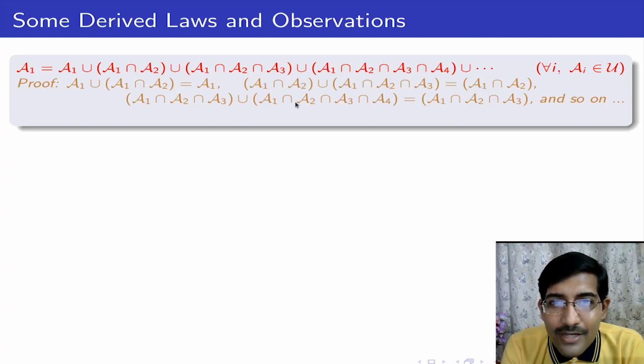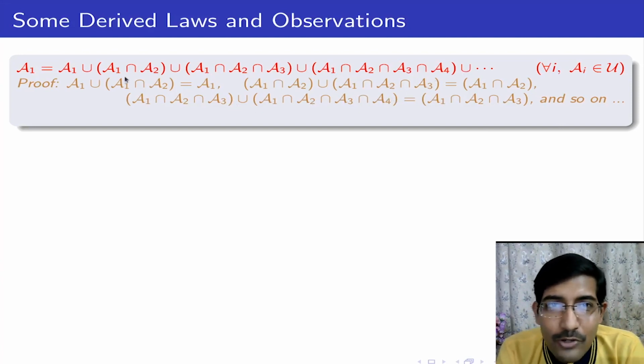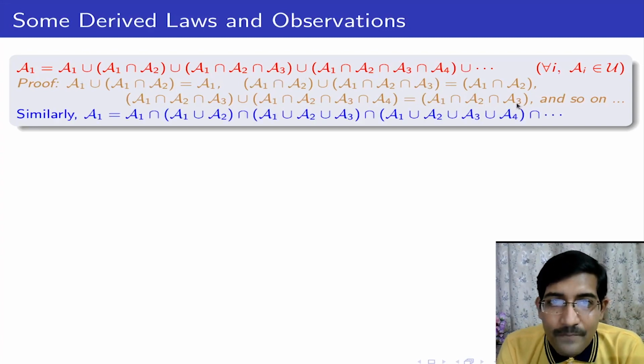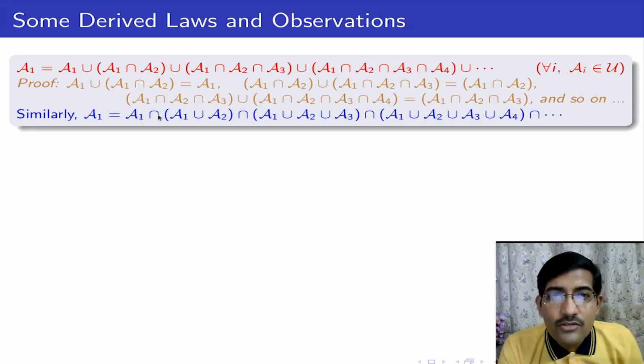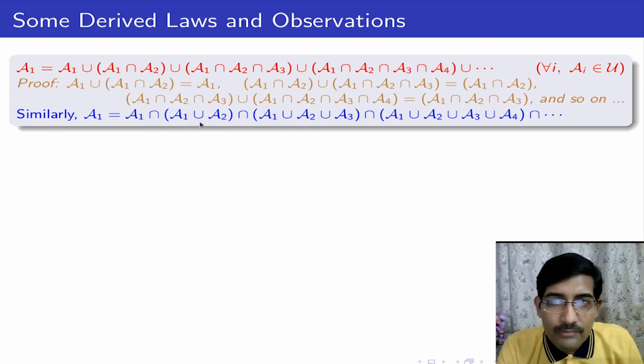This union this intersection A4, so this part gets absorbed into this. So somewhere you will come down to A1 if you go along this, right? So therefore I can say this. A similar thing holds for intersection as well. The same absorption law, in the same manner, it will also come down to A1.